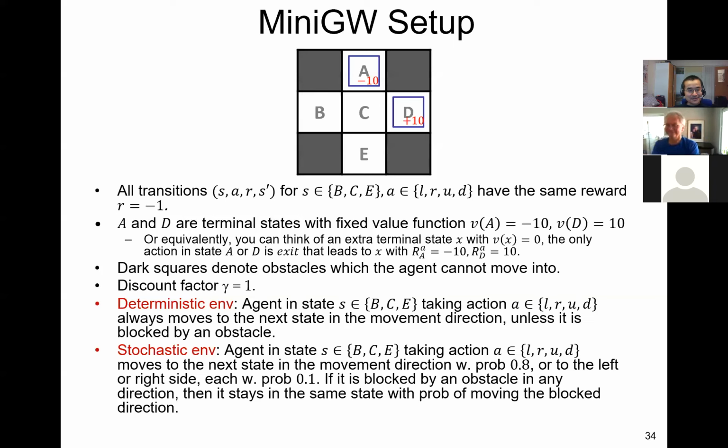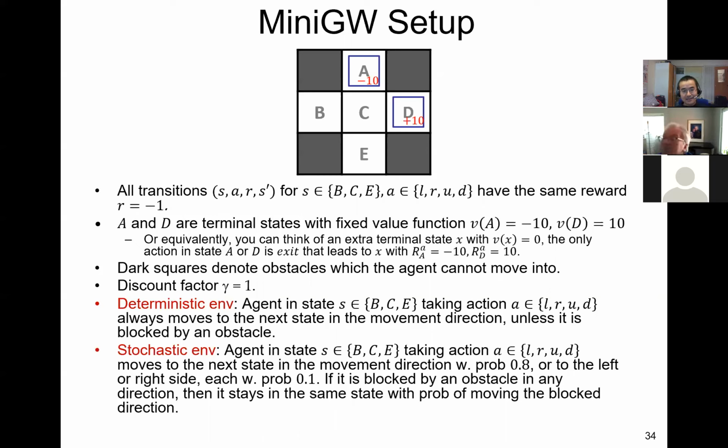So here are the transitions with two terminal states. A has value function minus 10, and D has value function plus 10. You can think of a painful life.